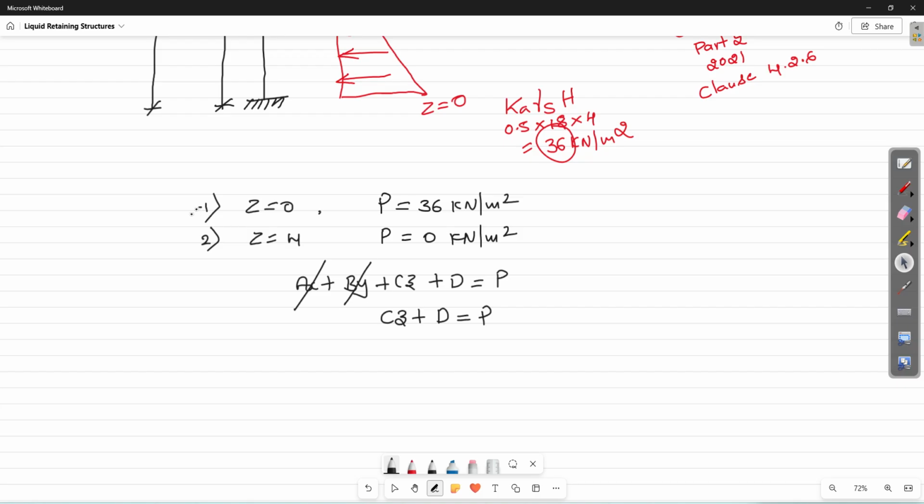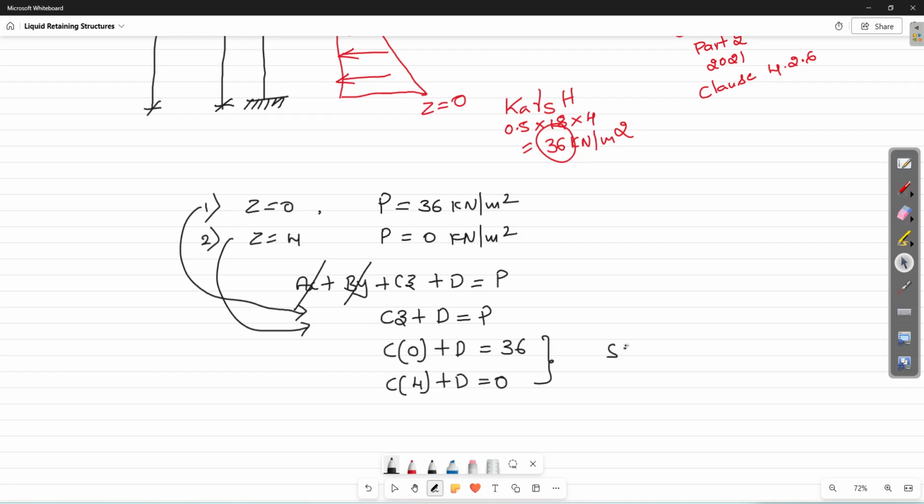If I use the first condition, your equation becomes C into 0 plus D equals 36. If I use the second condition, you will get C into 4 plus D equals 0. If you solve these two equations, you will get C and D values.